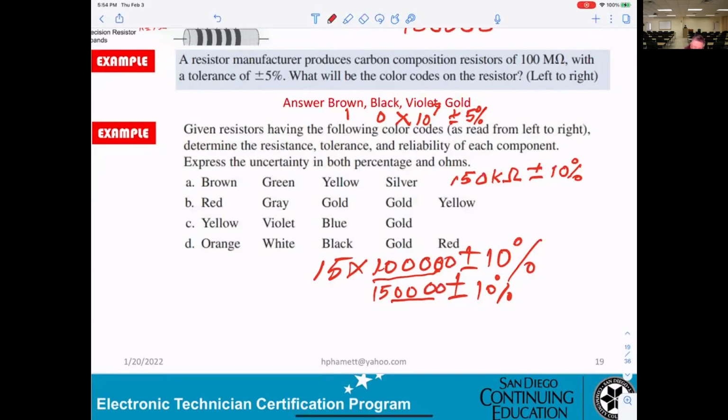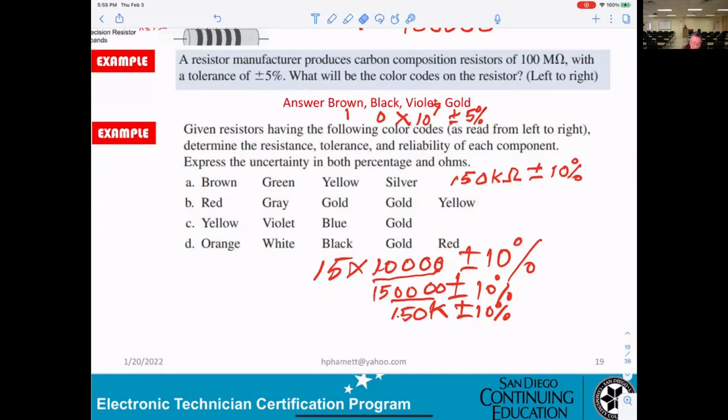So that's why you can convert into 150K. K means 1,000. Okay, so on the top, you got 15 times, looks like 100,000. That should be 10,000, not 100,000. Yeah, 15 times 10,000. So there should be 4 zeros. You got 5 zeros on top. And on the bottom, you multiply that until it gives you 150,000. Okay, that looks good. That's correct.